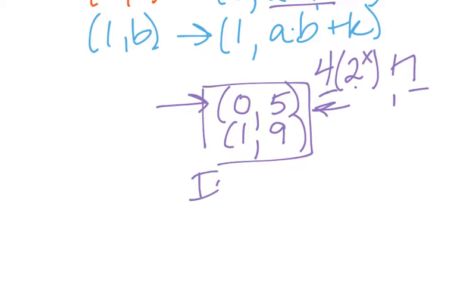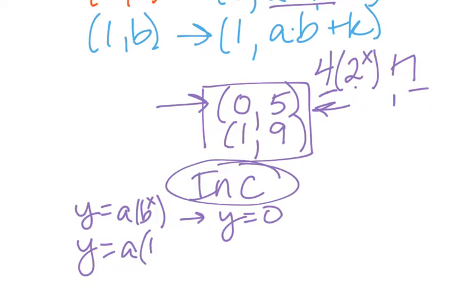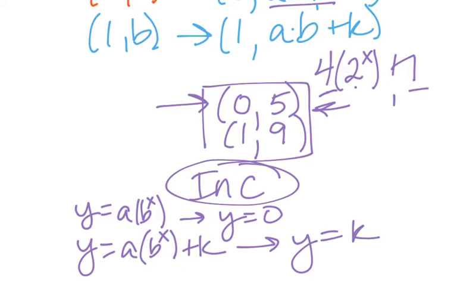We are definitely increasing. Horizontal asymptote. If we're doing y equals a b to the x, the horizontal asymptote is y equals 0. If we've got a times b to the x plus k, our horizontal asymptote is y equals k.